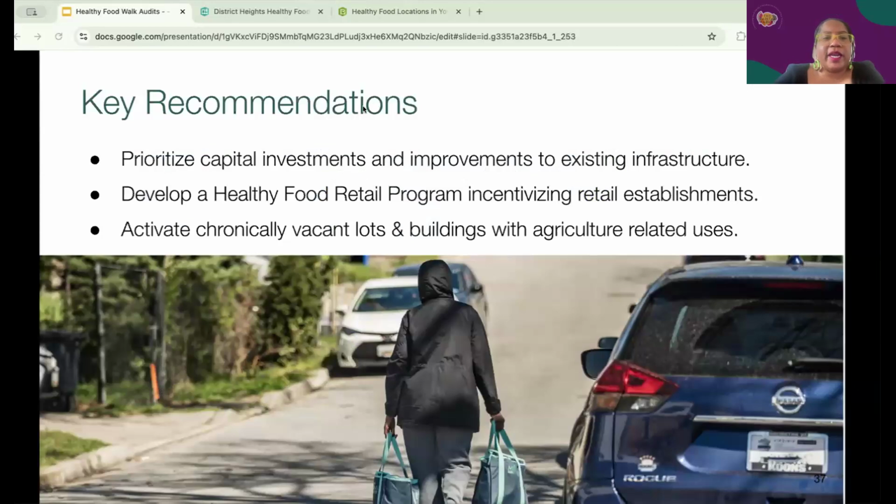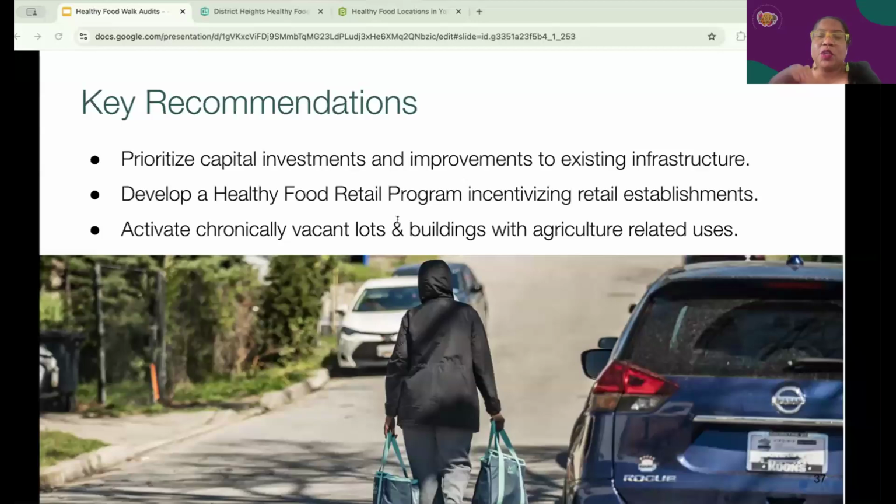So, some key recommendations that we made to really support the city in advancing the local food landscape using healthy food walk audits. First, we looked at prioritizing capital investments and other improvements to existing infrastructure, such as pedestrian signaling, sidewalks, and vegetation management, while also ensuring that they were adequately maintained in Prince George's County.